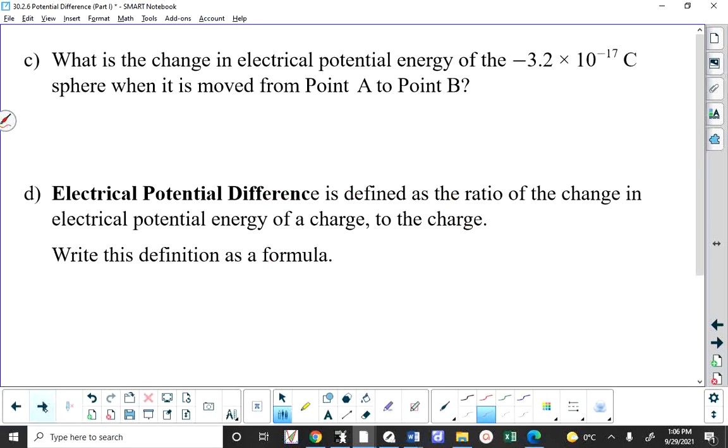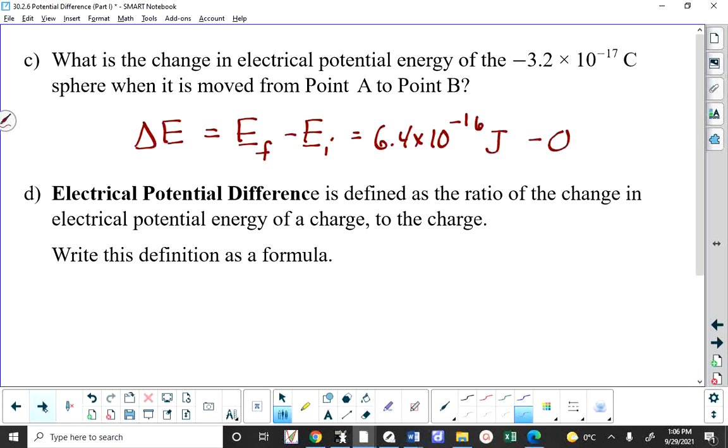We could do it very clinically and say the change in energy is the final energy minus the initial energy. The final energy is the work done. It's the 6.4 times 10 to the, was it negative 16? Joules minus nothing. So the answer to this question is 6.4 times 10 to the negative 16 joules.